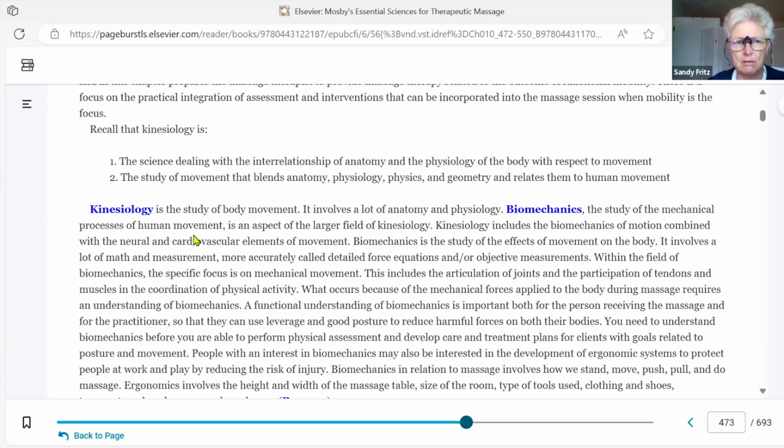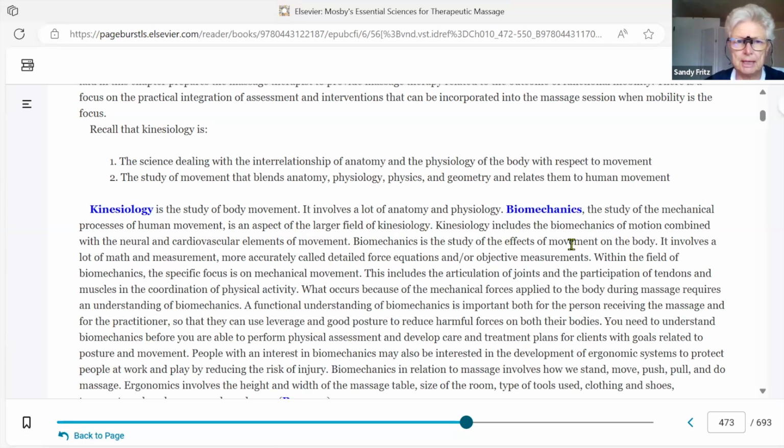Kinesiology itself is the movement of the body, and the bones and joints and muscles, along with the nervous system and the circulatory system, etc., are what's involved. And it does involve a lot of anatomy and physiology.